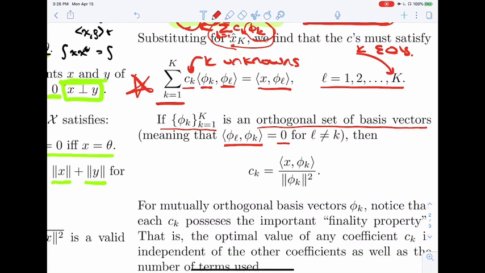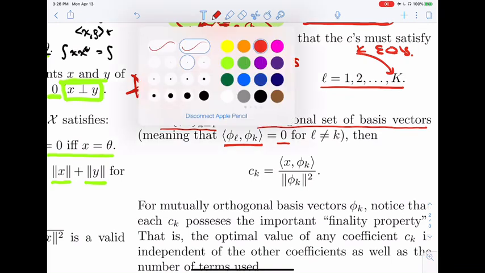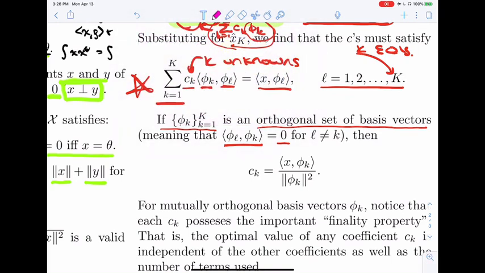If I go back here and take a look, let me make this a different color just to highlight what I'm looking at. I'm going to make it pink. If I look at this equation in here, I'm looking at the sum of c sub k times the inner product of phi sub k with phi sub L. And I'm going to be running through all the values, L equaling 1, 2, 3, all the way up to cap K. So there are cap K equations in there.